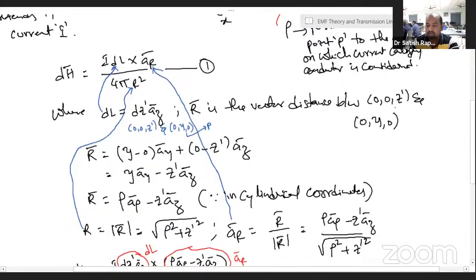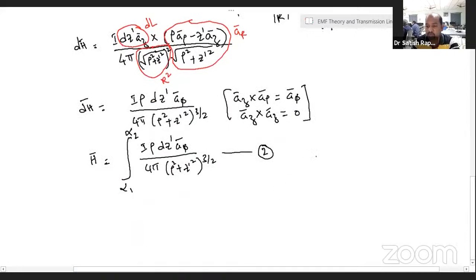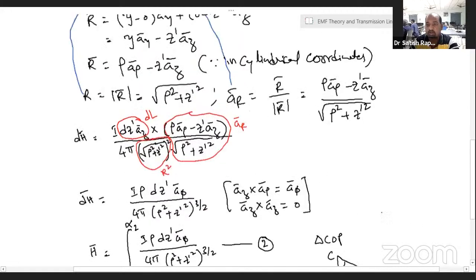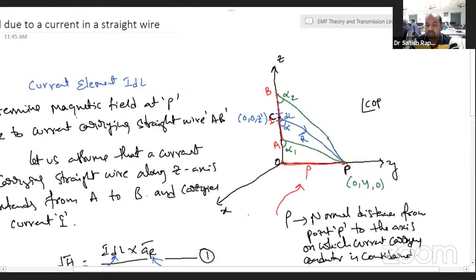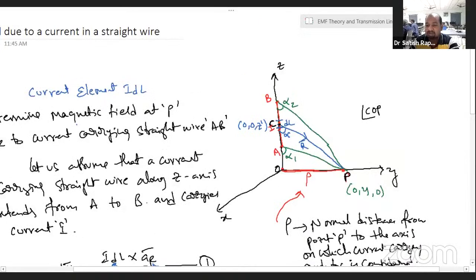So let me draw the right triangle COP here. This is point C, O the origin, and this one is z dash, this one is alpha, and this is rho.